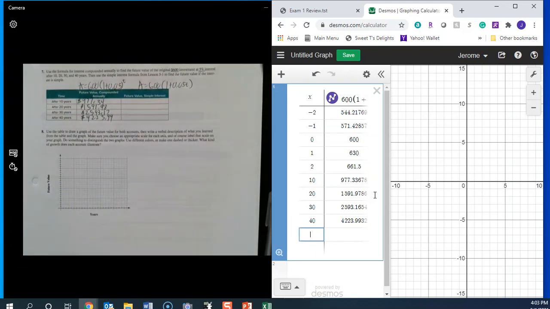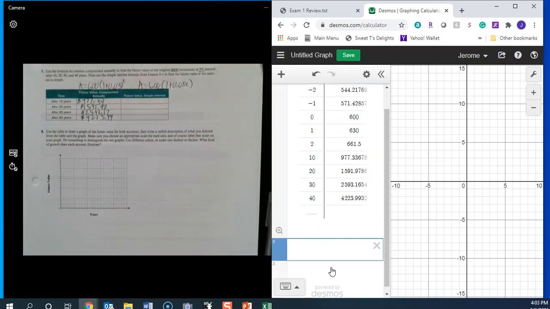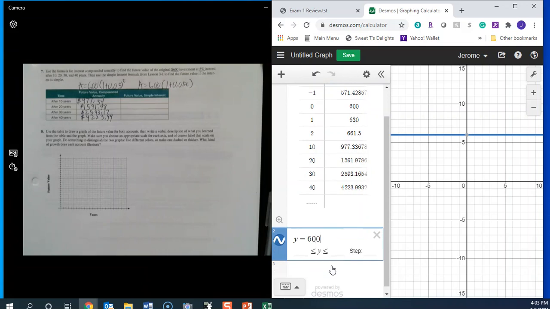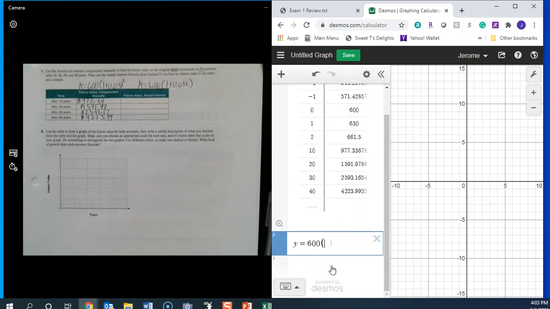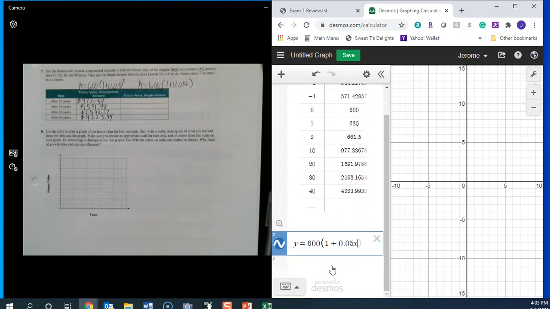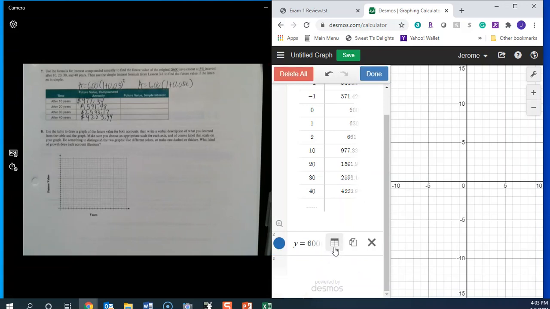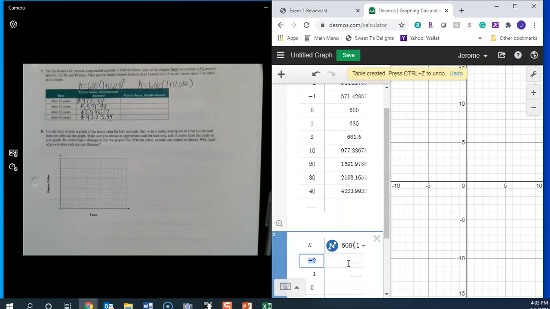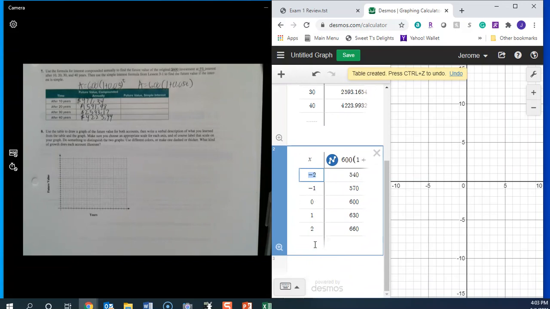Okay, now that took care of the future value of the compound interest. Now let's do simple interest. If we do y is equal to 600, we'll do our parenthesis, then 1 plus 0.05, and then again we'll use x instead of t. Now we have our formula here, so we will click on the wheel, click on the table, and we'll do the same thing.